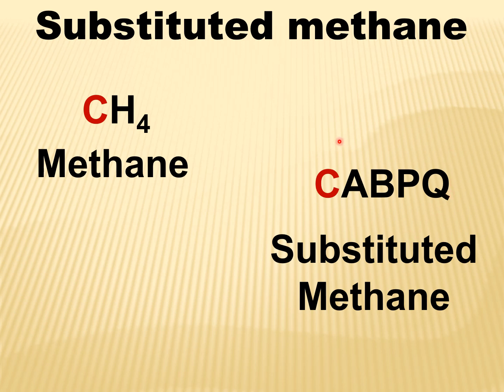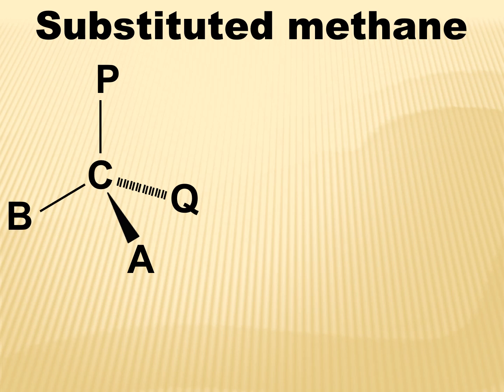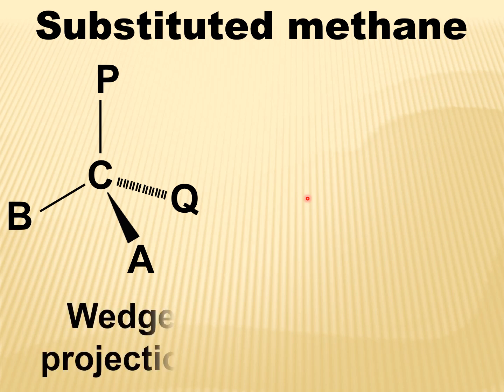How can we represent the three-dimensional structure of substituted methane? You know that carbon is sp3 hybridized, so this will be tetrahedral in nature. So the best method is to represent the tetrahedral structure like this. Now this is called the wedge projection formula. You have to be careful, you have to just understand this thing. So this is the central carbon and you have these four groups.